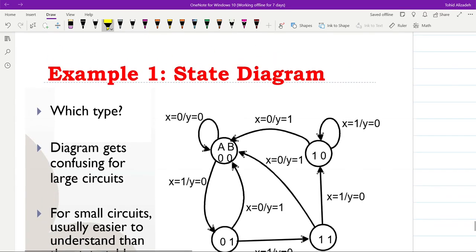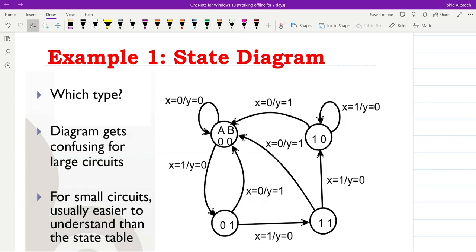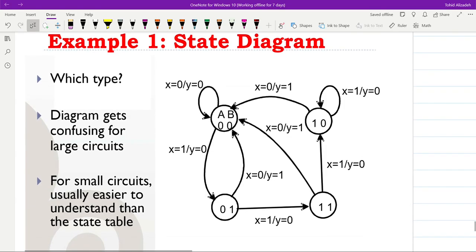Here we have the state diagram for the same example that we had. As we had A and B as the state variables, it means that we will have 4 states in total, and for those 4 states we are using 4 circles.